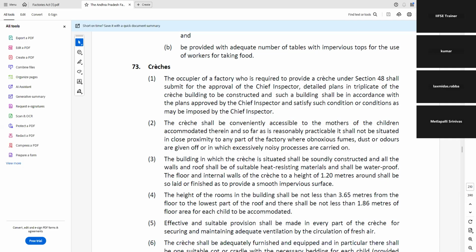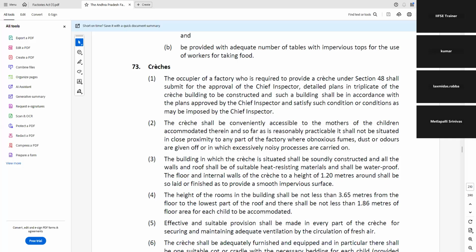So you have to show where you are providing this creche and get it approved by the chief inspector.